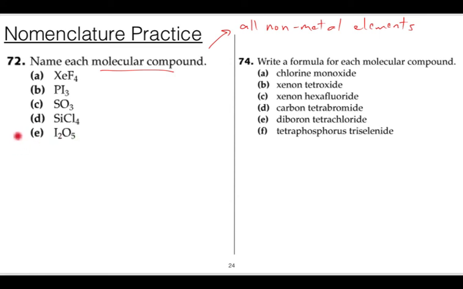Let's do this one and that one. One reason why I want to do this one is just to compare it for a minute. So let's actually name SO3. So SO3, no charge on it. First element is sulfur. And then we have 3 oxygens, trioxide. We need to know our prefixes. Mono, di, tri, tetra is probably going to be the most common one.